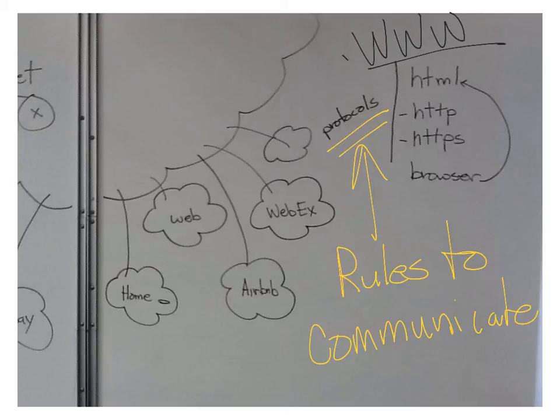The World Wide Web uses the internet. They are not the same thing. The World Wide Web uses the internet infrastructure in order to send information. How do they send it? Well, they send the information using hypertext transfer protocol.